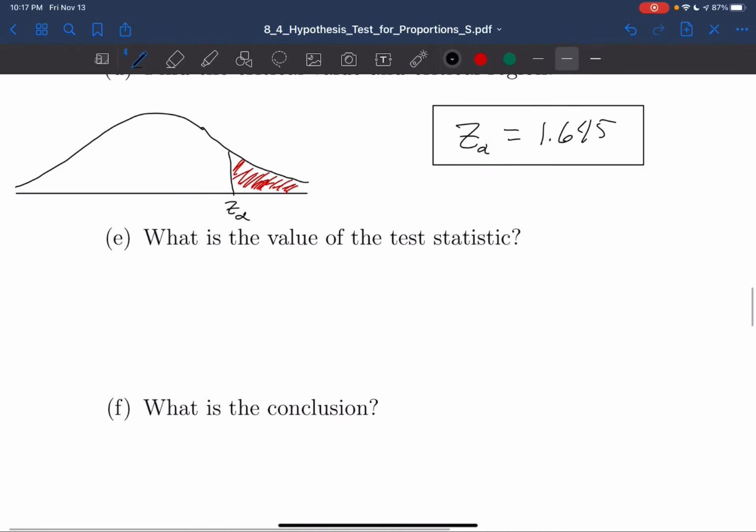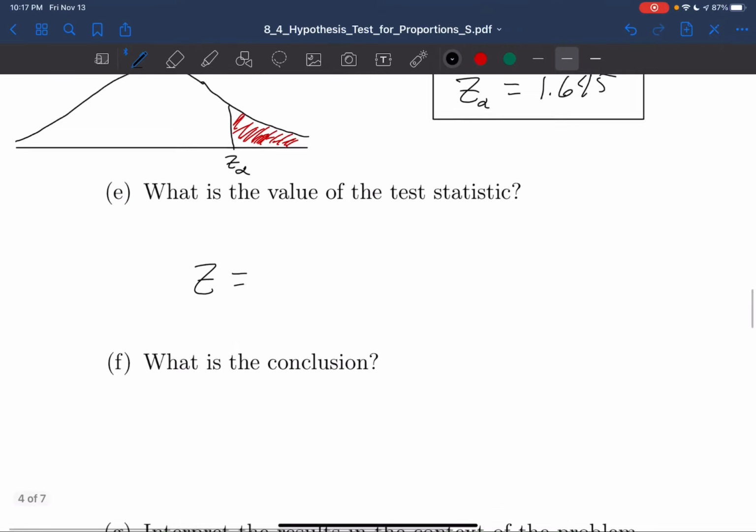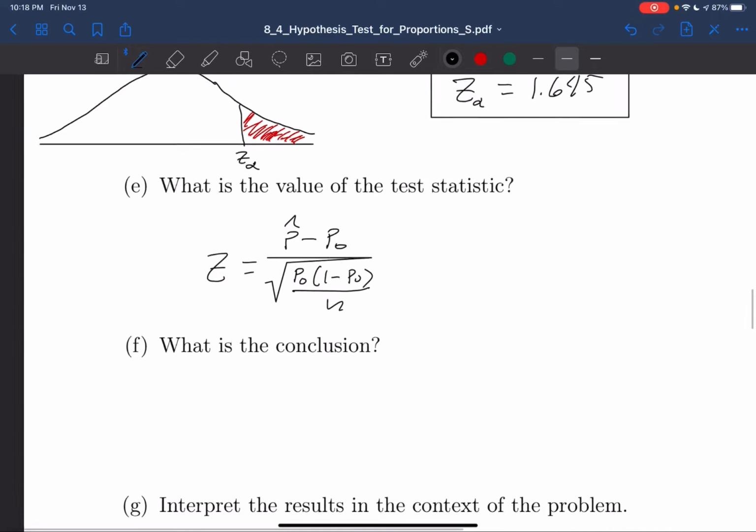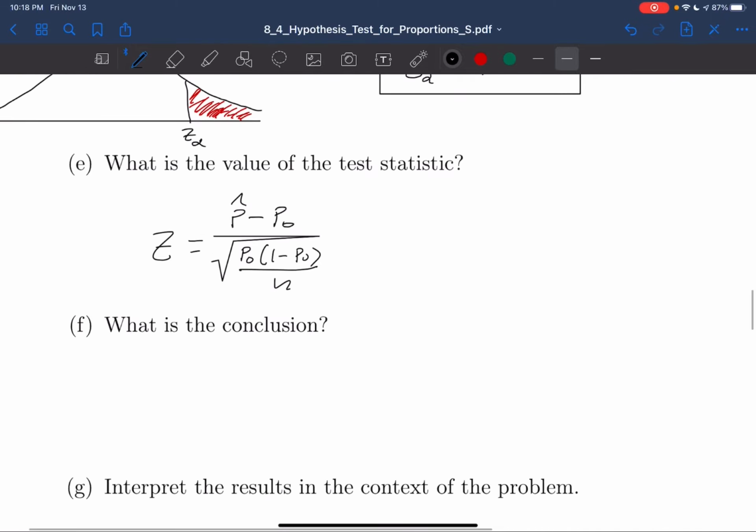So next, we want to say what is the value of our test statistic z. So what is z here? Well, this is going to be equal to p hat minus p naught divided by the square root of p naught times 1 minus p naught divided by n. Since we know all these values, all we have to do is plug them into our calculator.